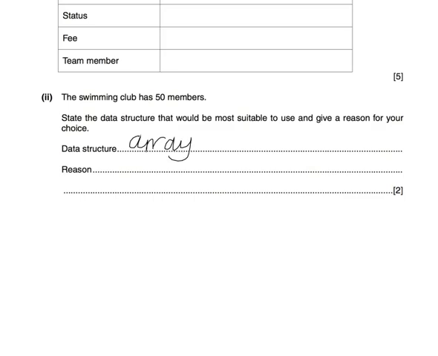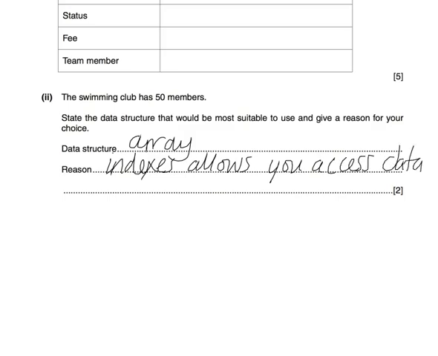And the reason for that is because you can have indexes on them. You can use the index, it allows you to access data easily, and it will simplify your programming.